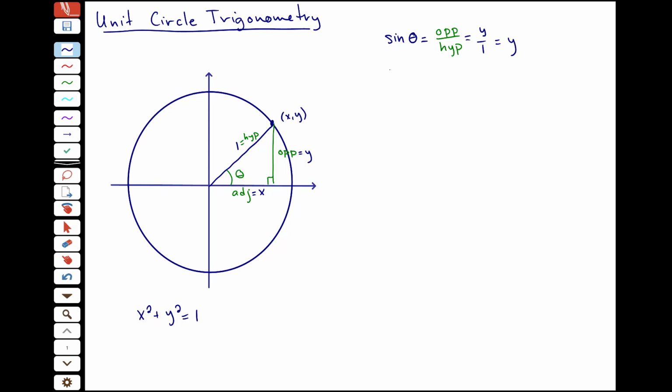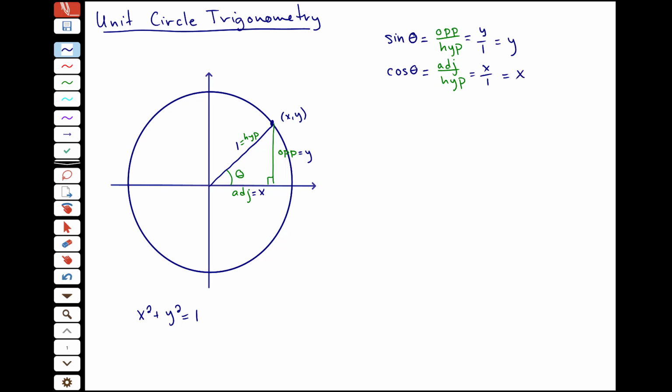And likewise, if we look at cosine of theta, from our right triangle definition, we have adjacent over hypotenuse, and that gives us x over 1, or just x.